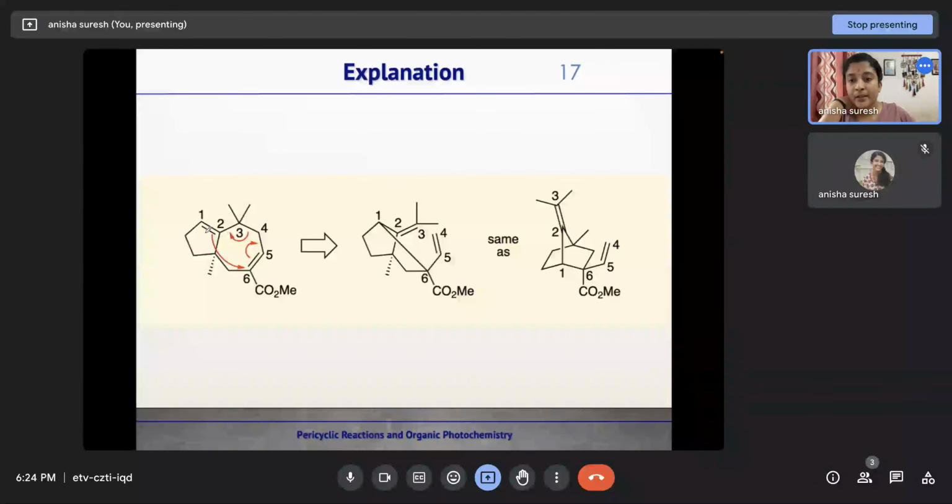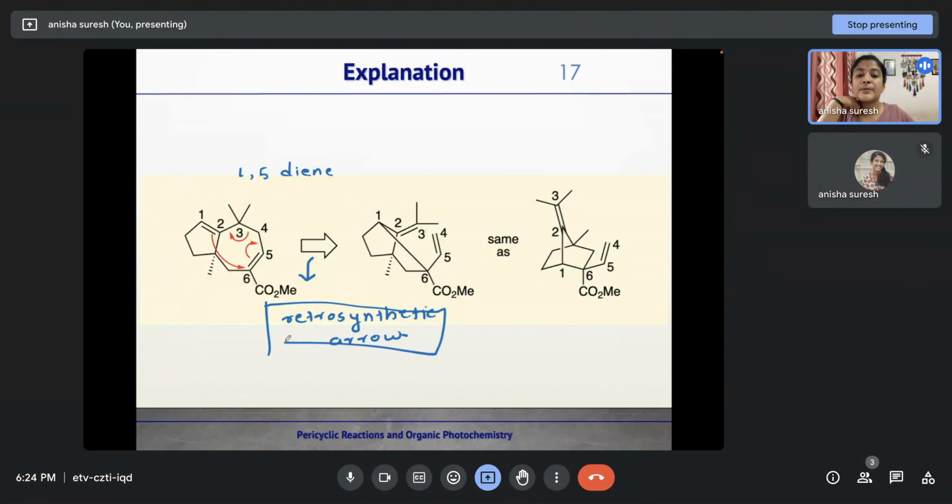So here this is a 1,5 diene. So we can do a backward 3,3 sigmatropic rearrangement. So this bond can attack over here. This will shift here and this will shift here, leading to formation of this. So this will be the starting material. As you can see, this is the retrosynthetic arrow.